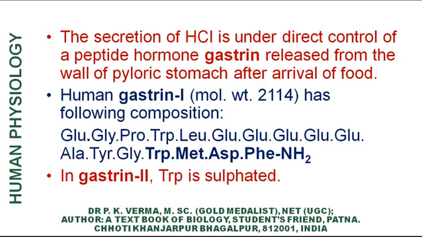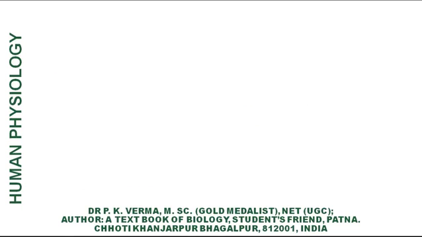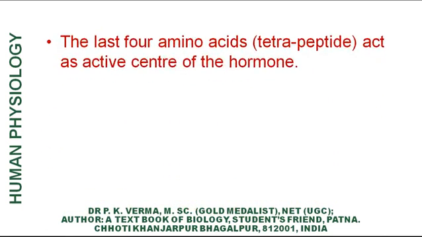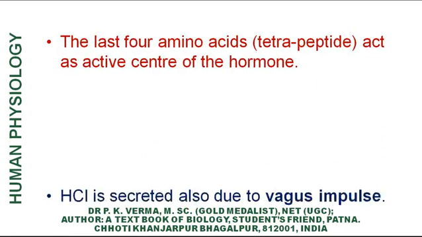In gastrin 2, tryptophan is sulfated. The last four amino acids, written in bold letters, act as active centers of the hormone.